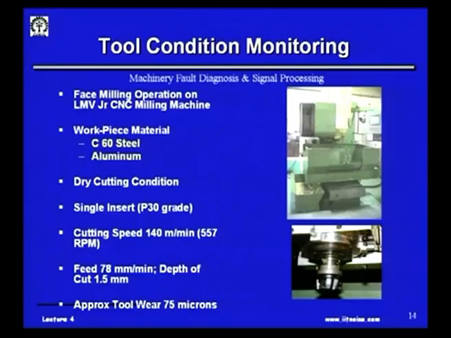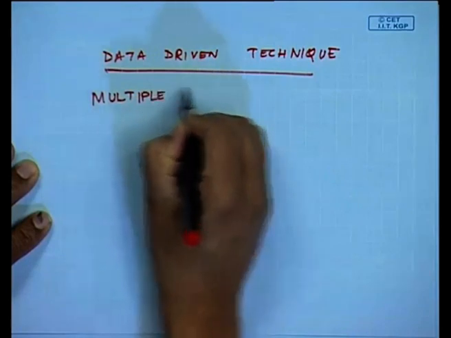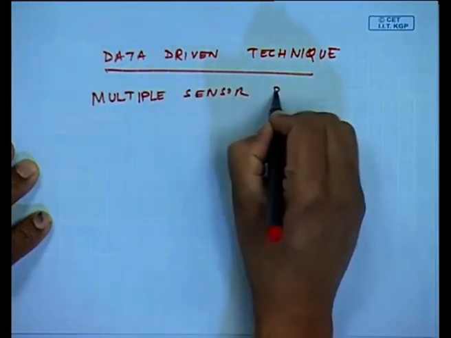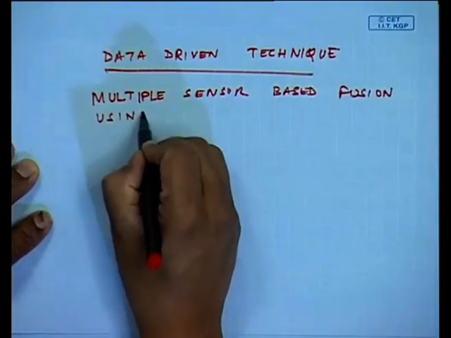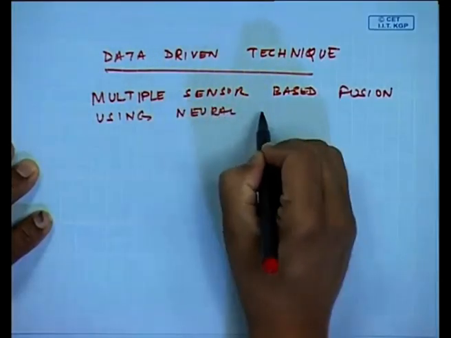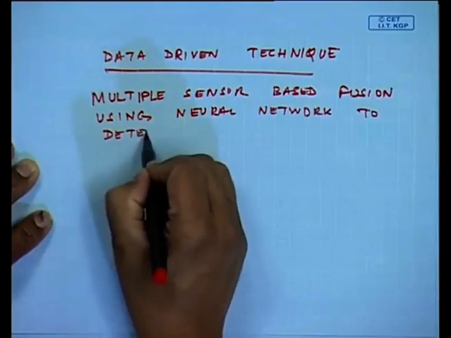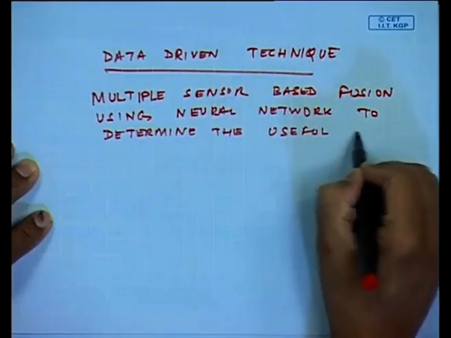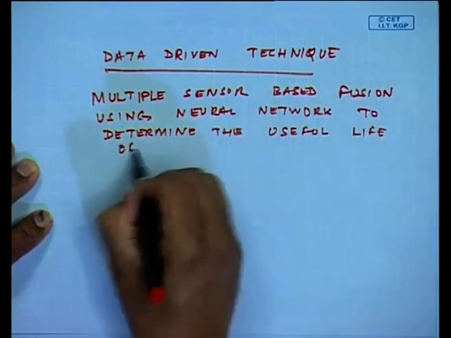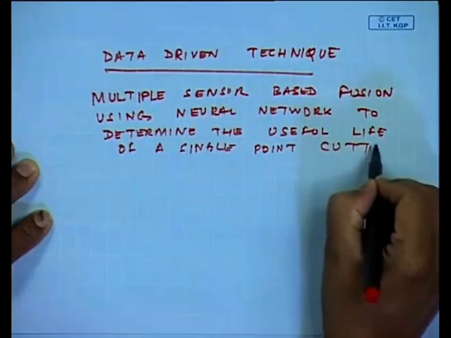This project was to estimate the effect of multiple sensor based fusion using neural network to determine the useful life of a single point cutting tool.